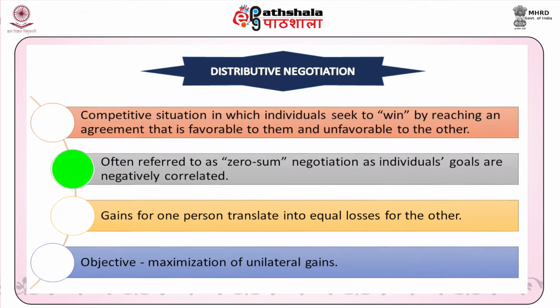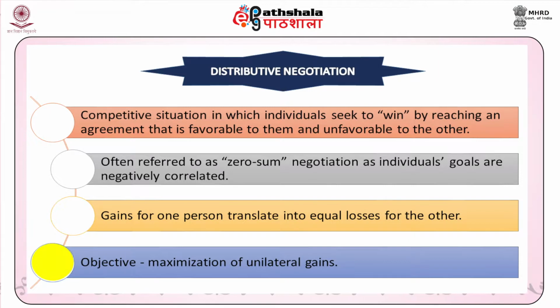Distributive negotiation is often referred to as zero-sum negotiation. The assumption is that the issue is a zero-sum conflict in which individuals' goals are negatively correlated. Gains for one person translate into equal losses for the other.